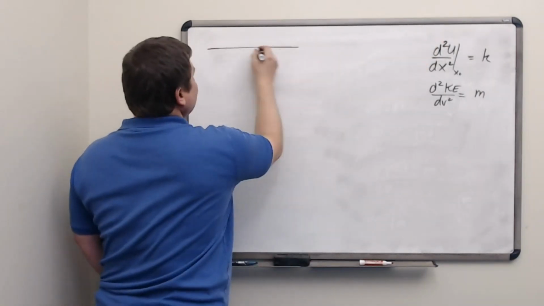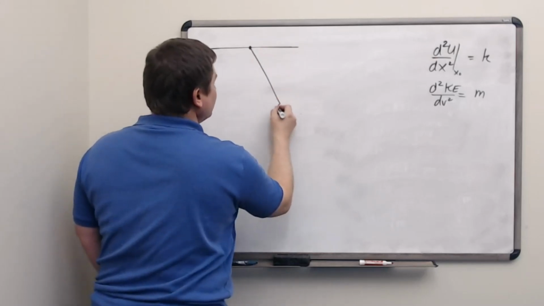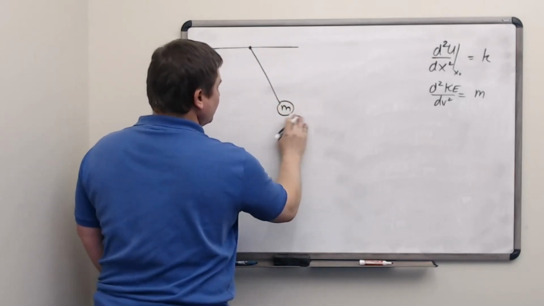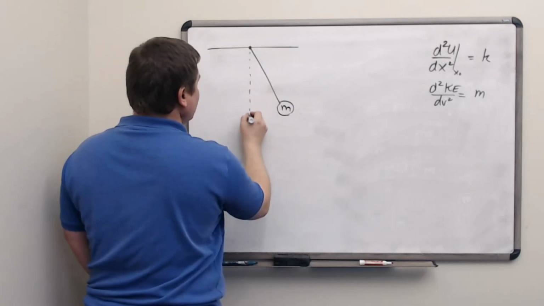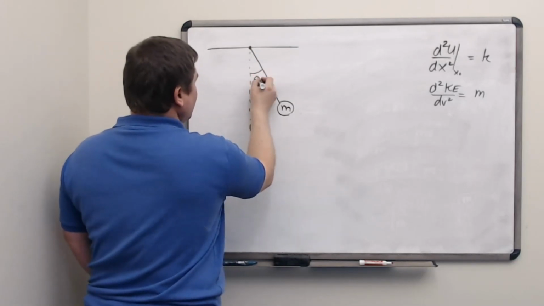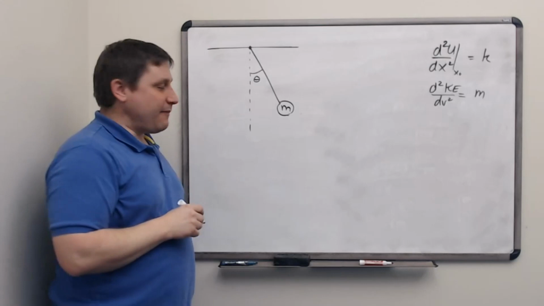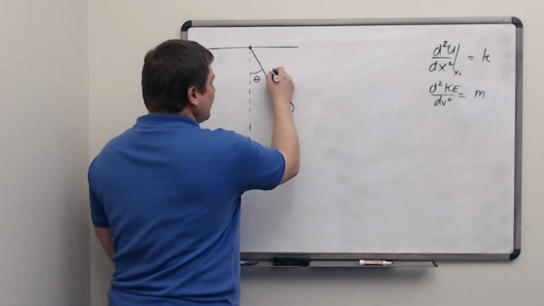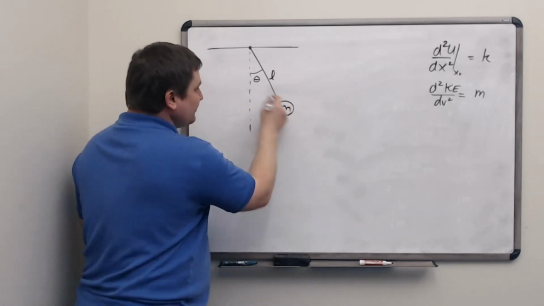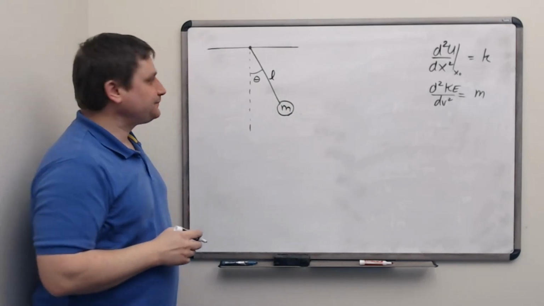Let's consider the system called pendulum. So a pendulum is a mass on the end of a rigid string of length L.